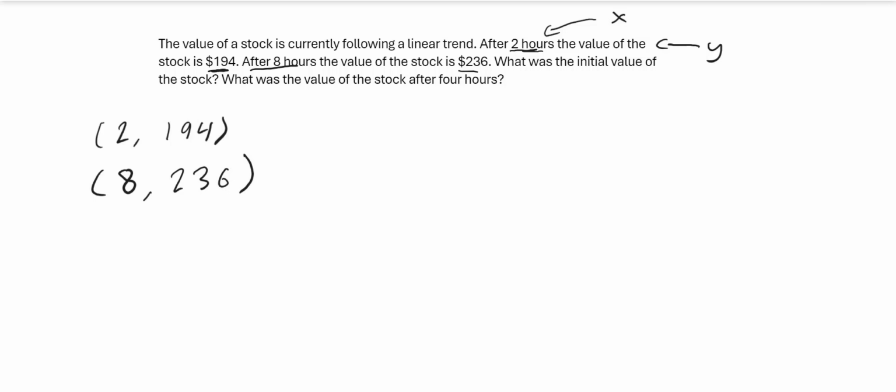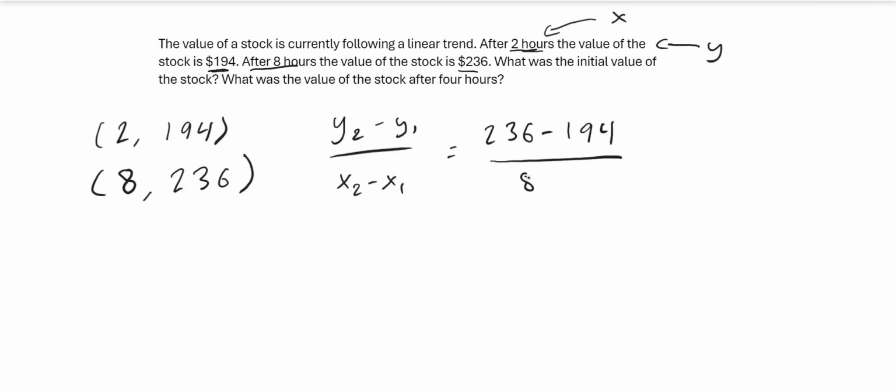So now we have 2 points, and from 2 points we can derive an equation. First of all we have to find our slope. So that is y2 minus y1 over x2 minus x1. So that would be 236 minus 194 over 8 minus 2.